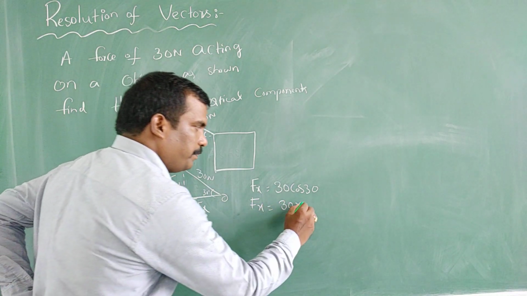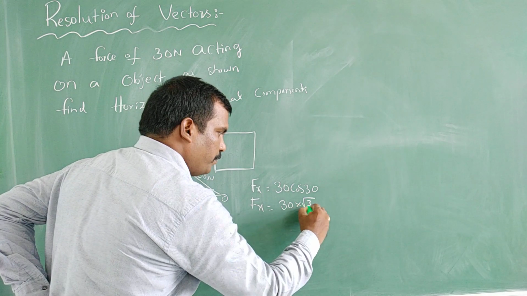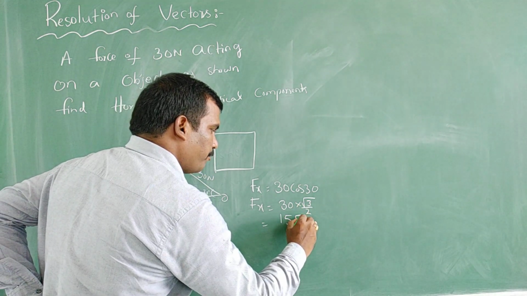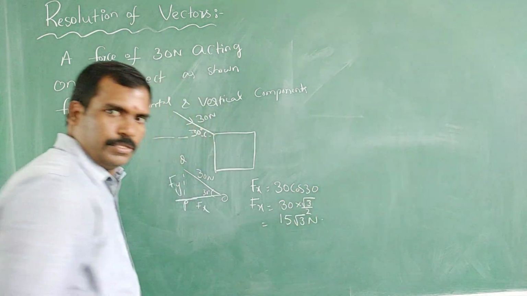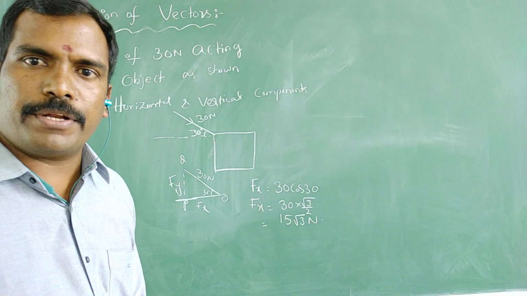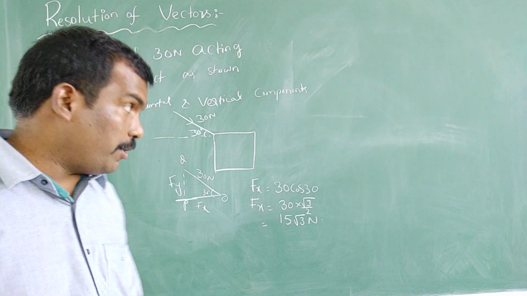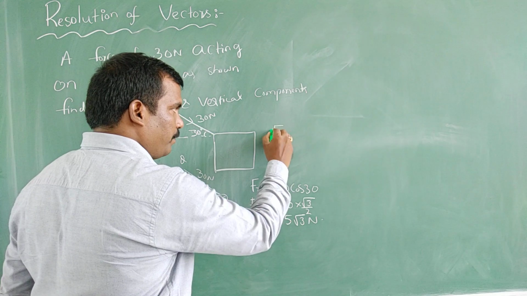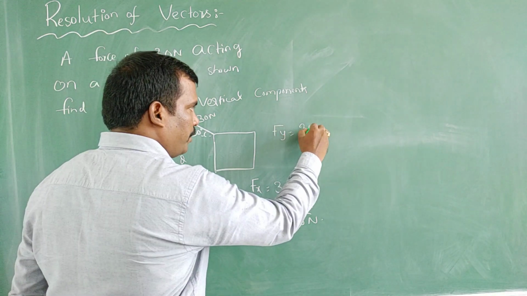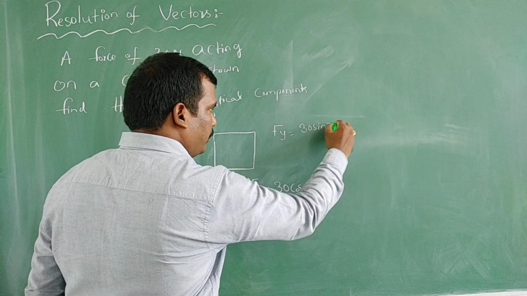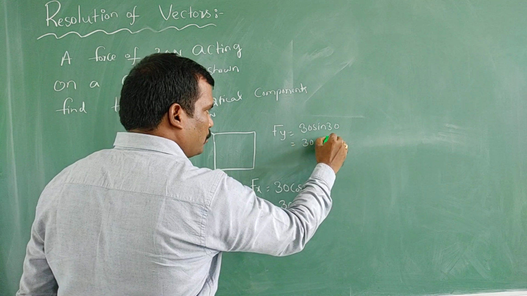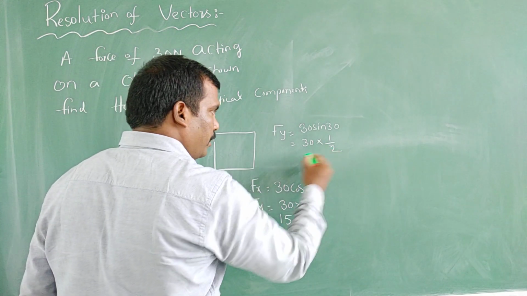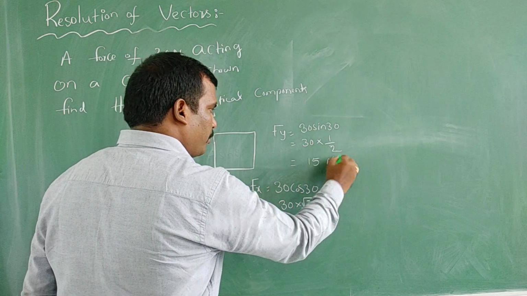Cos 30 is root 3 by 2, that gives 15 root 3 Newton. Means the horizontal component is 15 root 3 Newton. Similarly, the vertical component Fy is equal to 30 sin 30. Sin 30 is 1 by 2, so this gives 15 Newton.